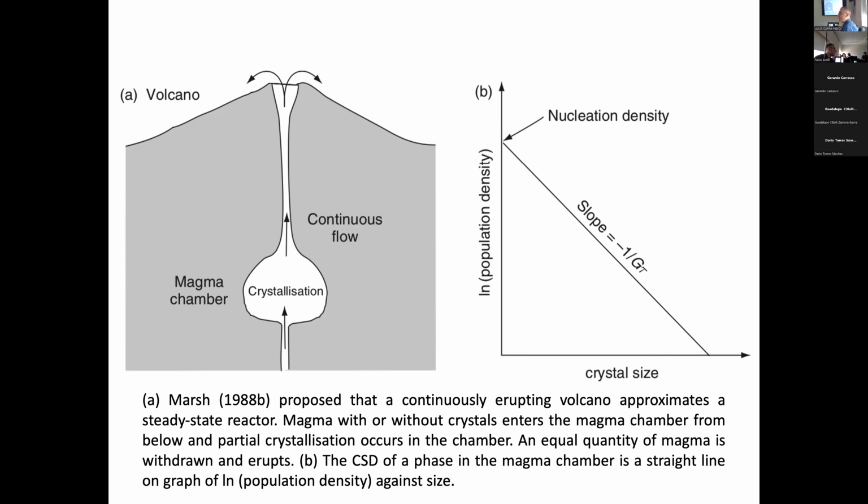You want to know for how long your magma stagnated there. So at the end, time equals -1 over growth rate times slope. If you know the slope and the growth rate of the phase you are considering, at the end you get time.